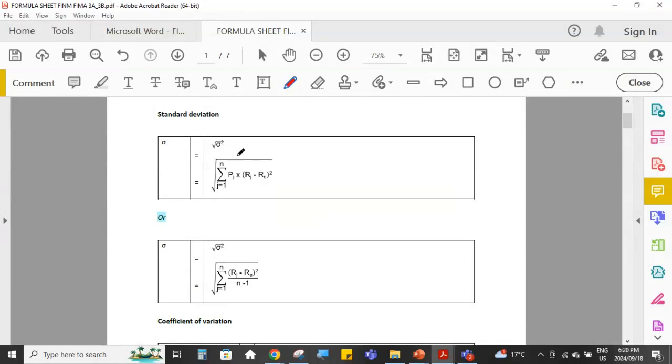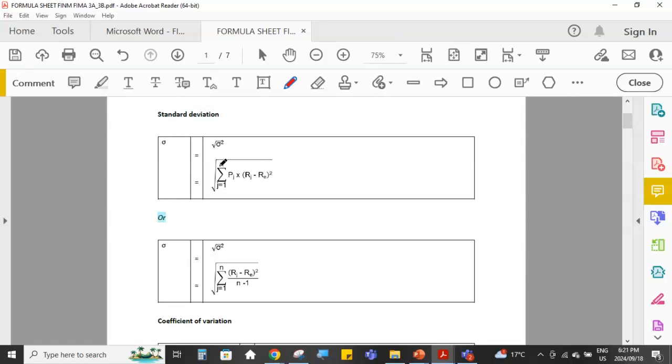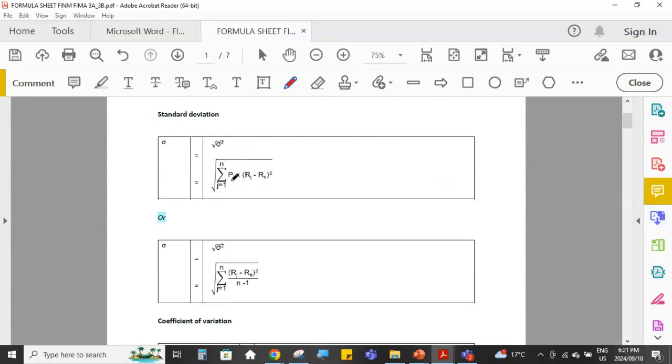So if they've given you probabilities, you must use this, because using that probability is built into the formula. This sign here means the sum of, so you're going to calculate this little formula for each of the 5 line items, and then you are going to sum the 5 answers, and then take the square root of your final answer.